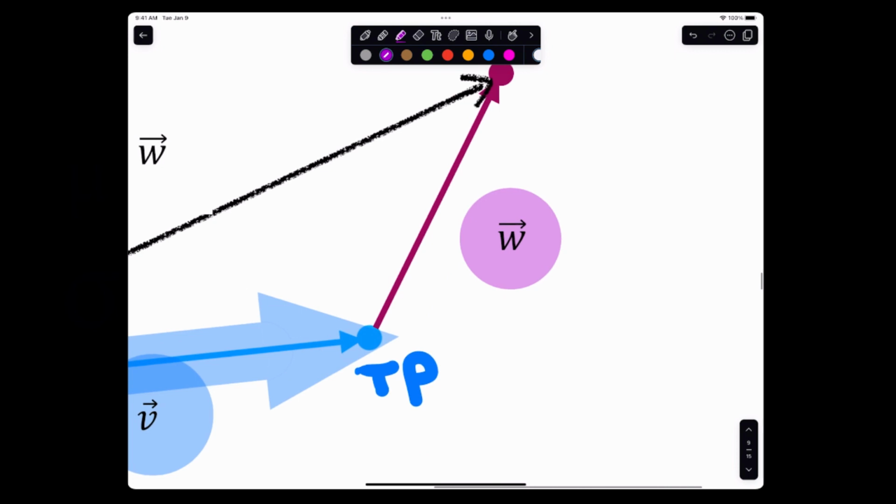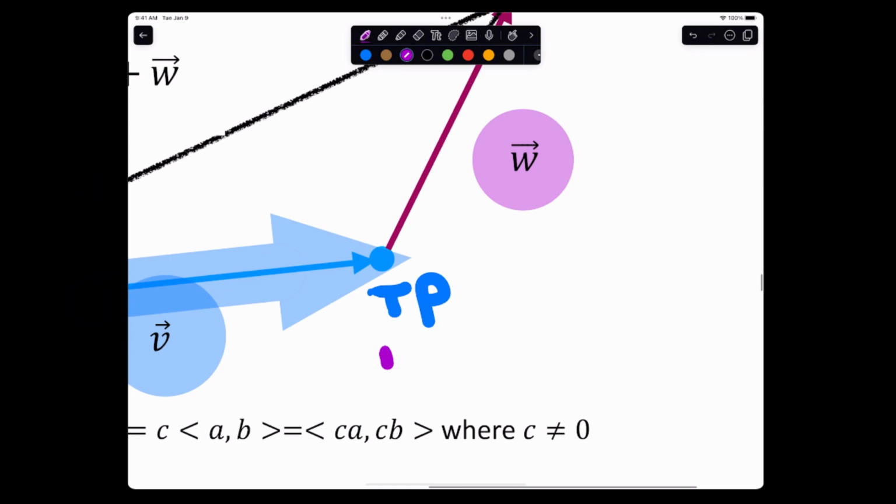For vector W now, here's what they mean. We align the what? Those 2 points. That's the initial point of vector what? W. Just put them on top of each other.